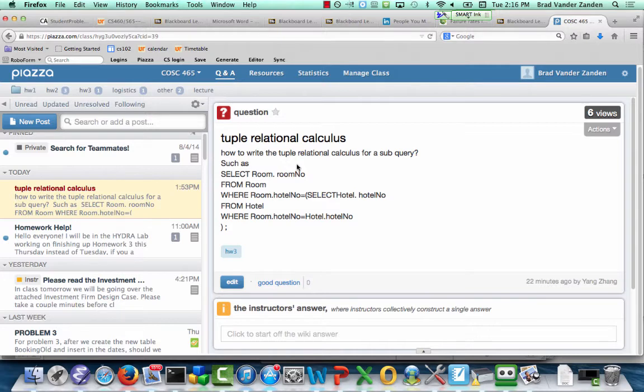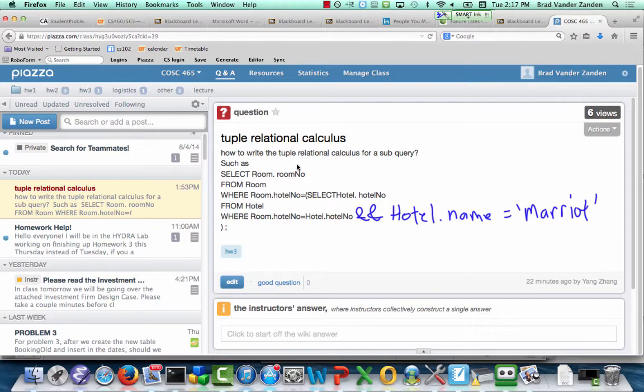So I am going to assume it is where room.hotelNumber equals hotel.hotelNumber and hotel.name equals Marriott. This is still a subquery. Okay, so the question is, how do you express that in the tuple relational calculus?